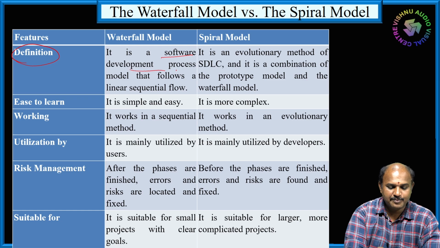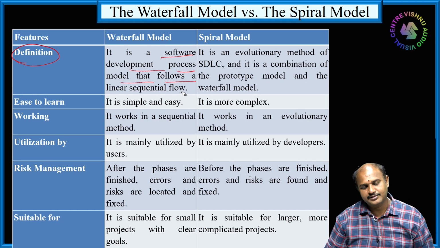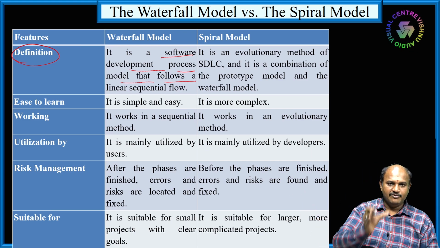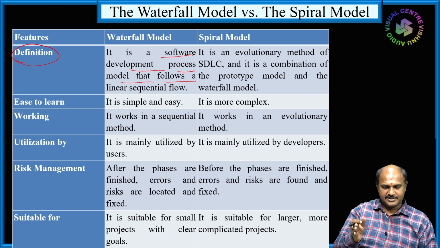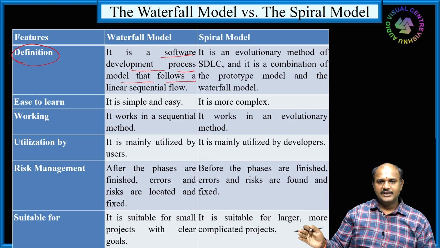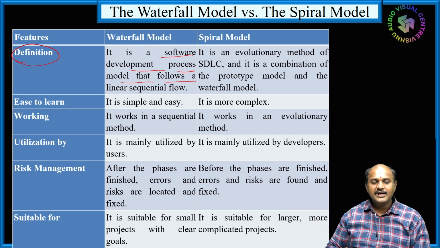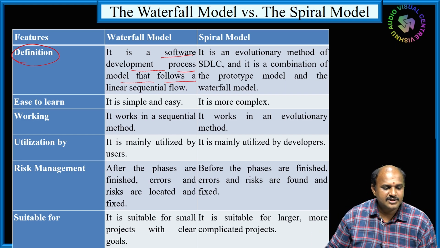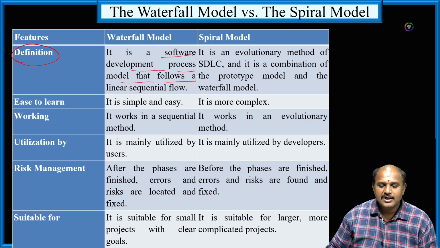The software development process model follows a linear sequence flow. The data will flow in a sequential manner. First phase is completed, then go for the next phase. Next phase completed, go for the next phase. So sequentially each and every step should be executed. That is the definition of the waterfall model.